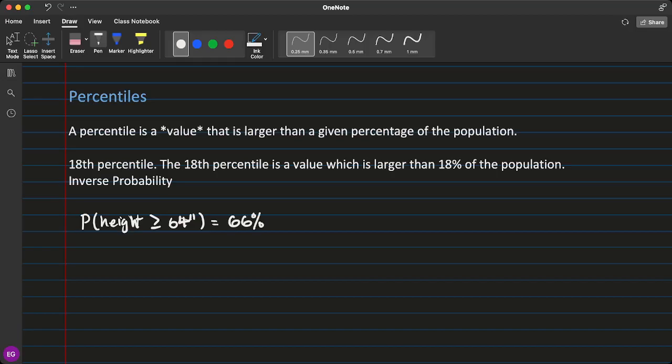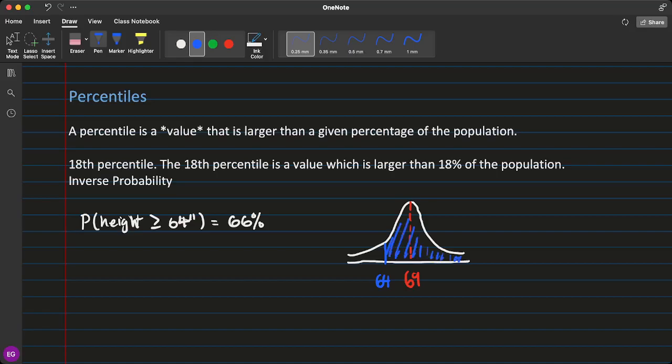Okay, so let's draw a little picture. Okay, so remember our mean was 69. And we found out here the 64 is right here. And if you calculate the percentage to the right of that, that's 66%.